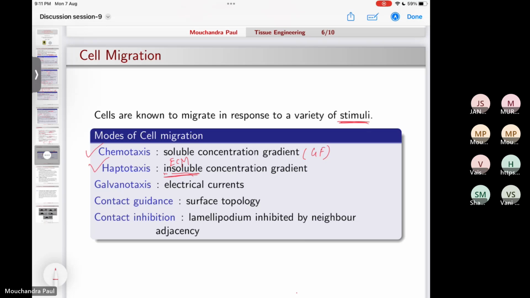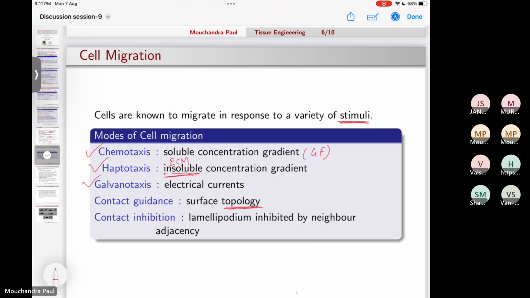Then in the presence of electrical currents, cell migration happens. This is called galvanotaxis. Now, if you change the surface topography, meaning surface roughness or smoothness, the texture of the surface, then based on how you design the surface texture, you can influence the cell migration process.